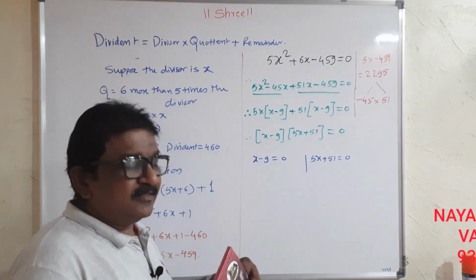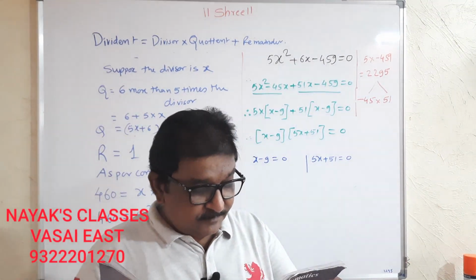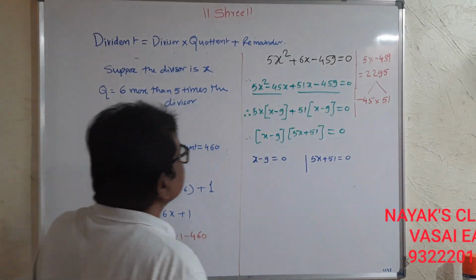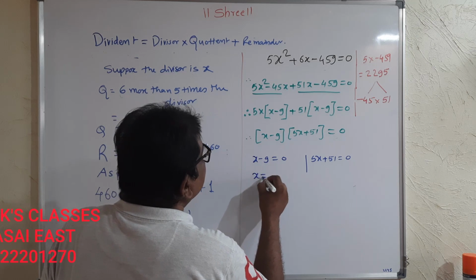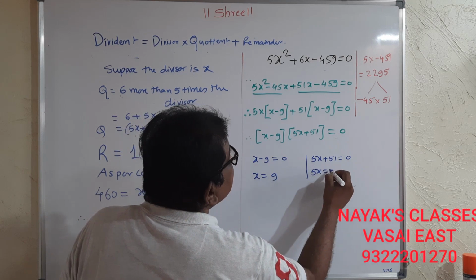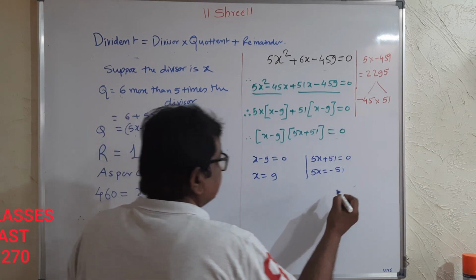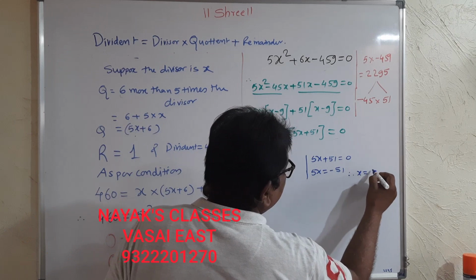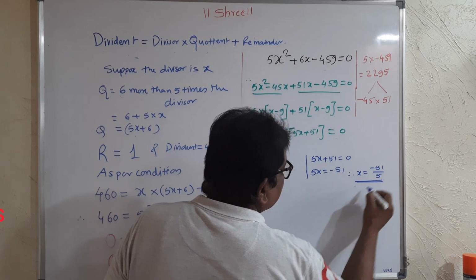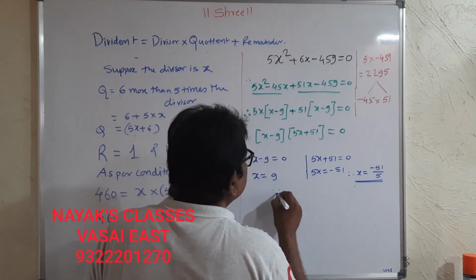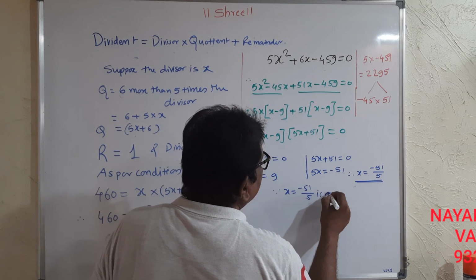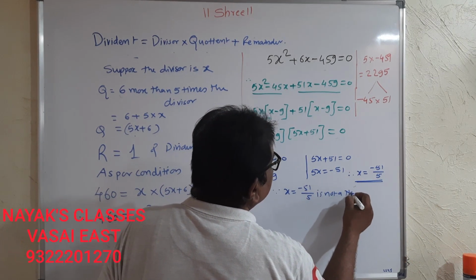I think they have given the condition: natural number. So x is equal to 9, and on this side 5x is equal to minus 51. Therefore, x is equal to minus 51 upon 5. This cannot be accepted since x equal to minus 51 upon 5 is not a natural number.